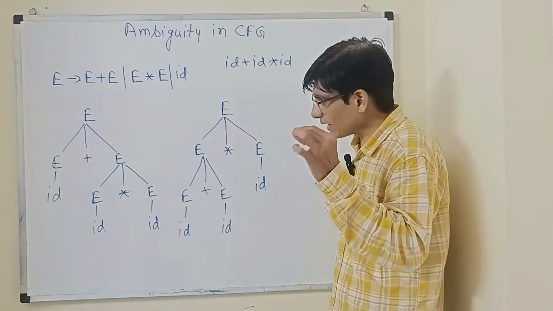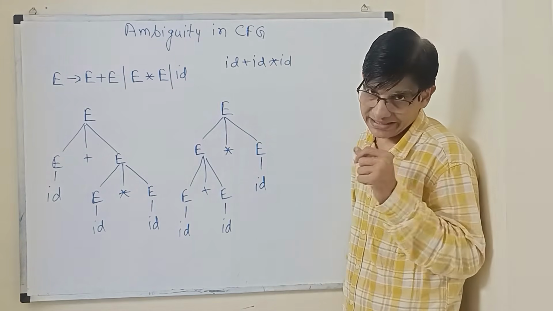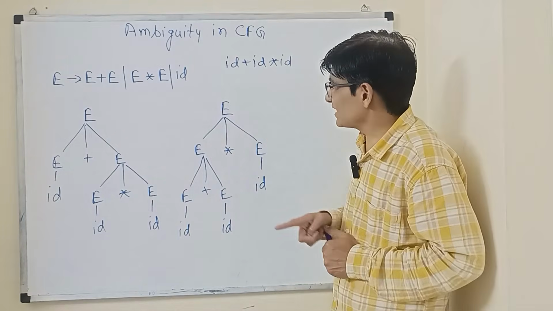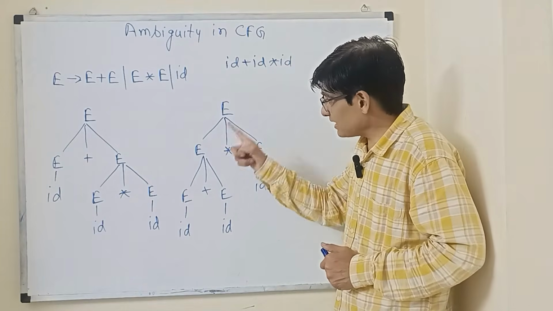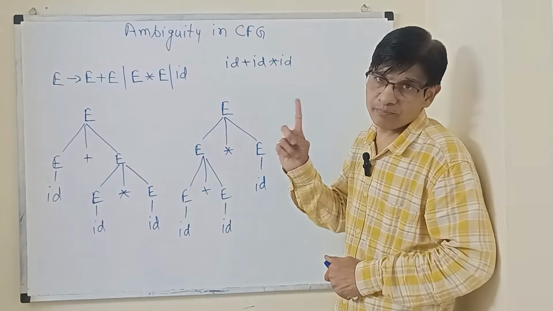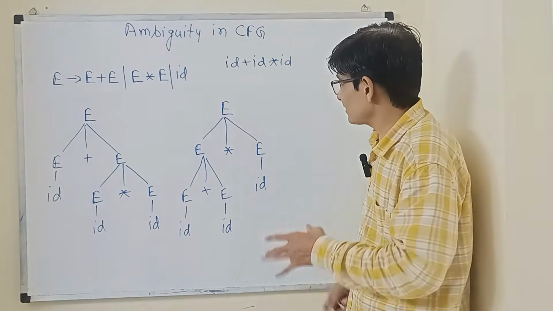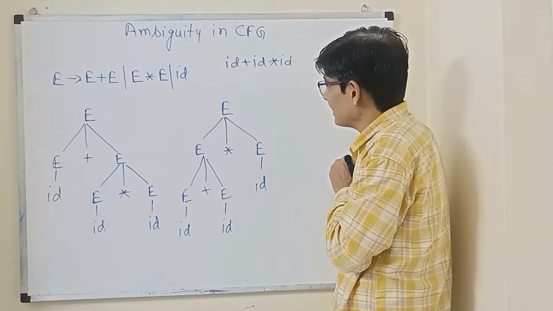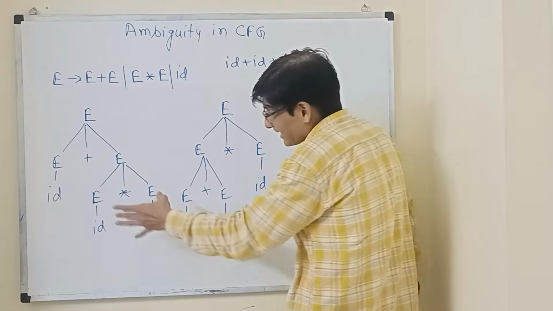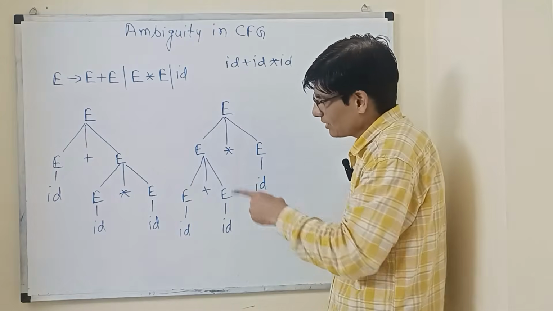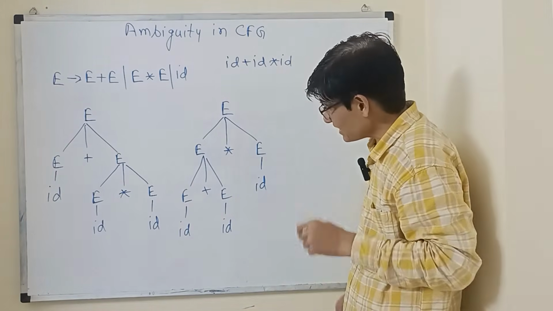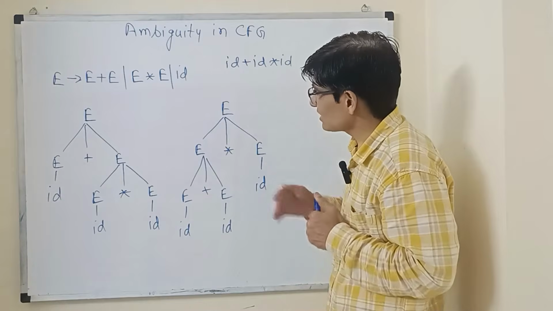And one more identification of ambiguous grammar is that for any particular string you can create more than one parse tree from that grammar. Here for this particular string, we have created two different parse trees from this grammar. That means this is ambiguous grammar.